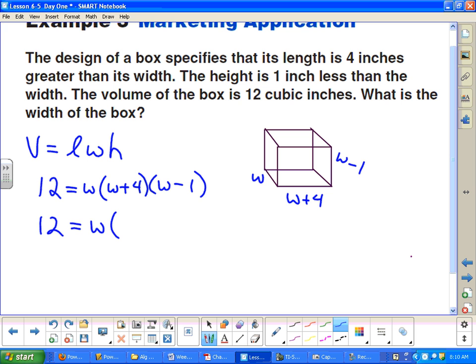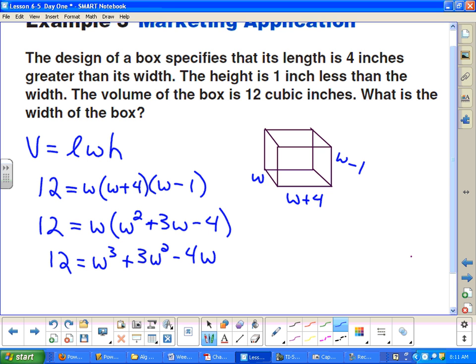So if we FOIL these two together, we'll get W squared plus 3W minus 4. And then we get W cubed plus 3W squared minus 4W equals 12.